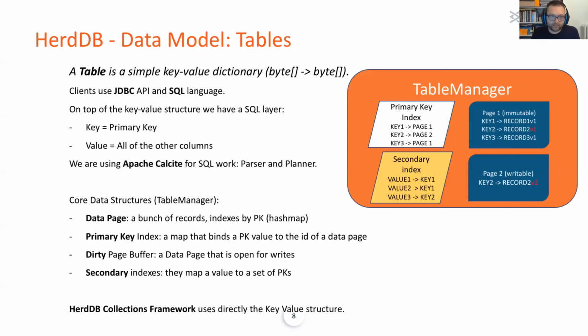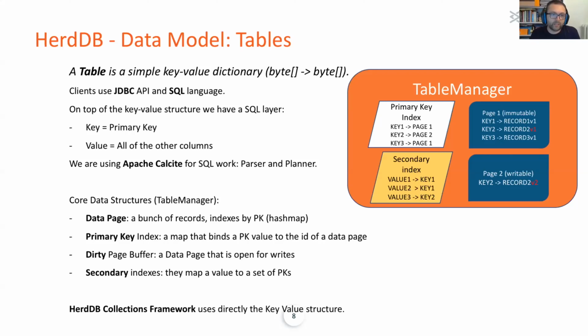The key is the primary key column of the table, and the value is the serialized version of all of the other columns. We are using Apache Calcite for SQL work, so for the SQL parser and SQL planner. Apache Calcite is really efficient, and it is used by many open source products.